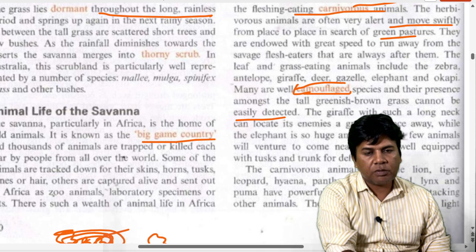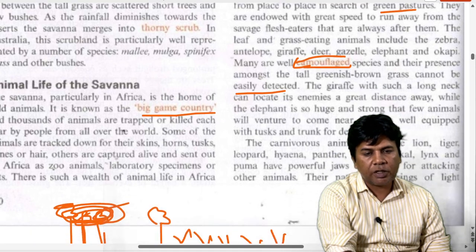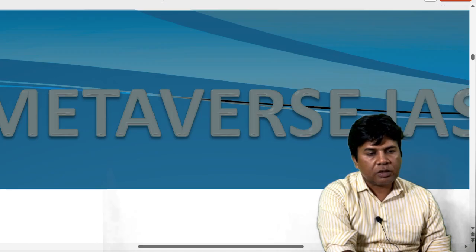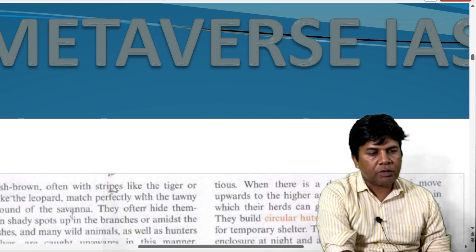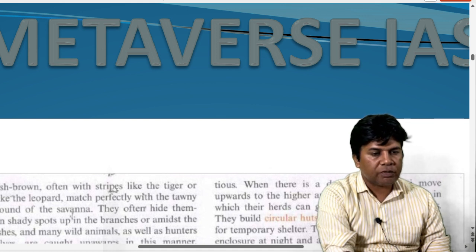The carnivorous animals like lion, tiger, leopard, hyena, panther, jaguar, jackal, lynx, and the puma have powerful jaws and teeth for attacking other animals. Their natural coloring of light yellowish brown, often with stripes like the tiger, or spots like the leopard, matches perfectly with the downy background of the savanna.